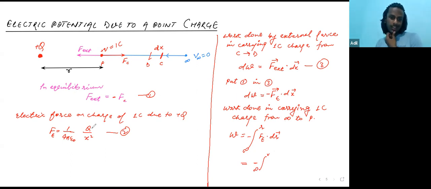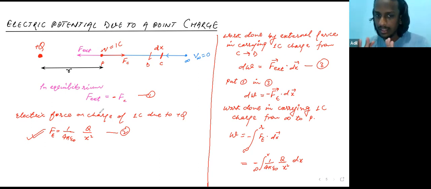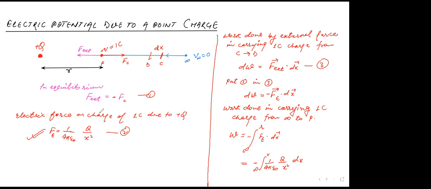We have already calculated it. You can put it here: 1 over 4 pi epsilon naught Q over x square, into dx, not dr. Till here, everything is clear? Yes, sir. Yes. Matthew and Nawal, everything is clear? Yes, sir. Note it down, please.